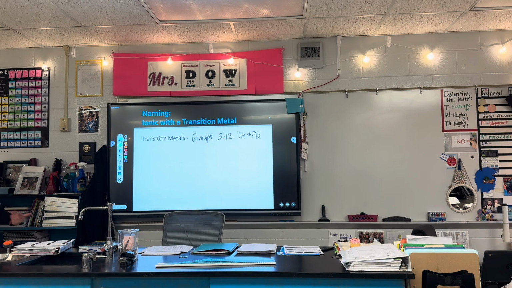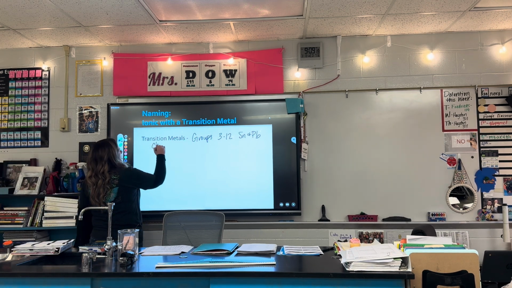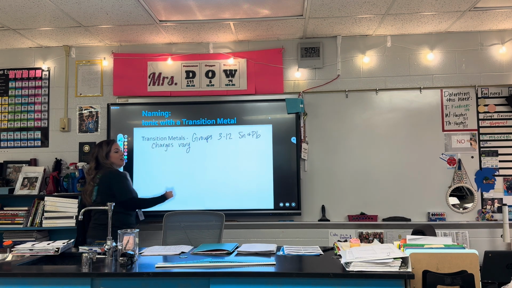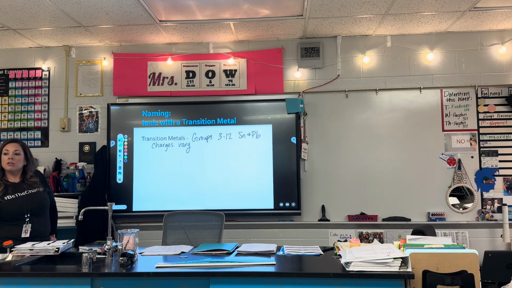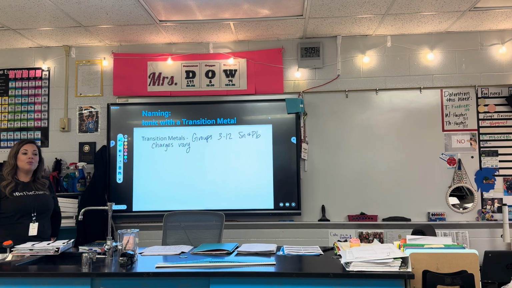Alright, what do we know about transition metals? What do we know about their charges? They vary. They can have different charges. That's why we can't assign them a set charge. Alright, so their charges vary. And do the elements have 1 charge? No. What do they have, Nate? Multiple charges? More than 1? They have more than 1 charge, right?